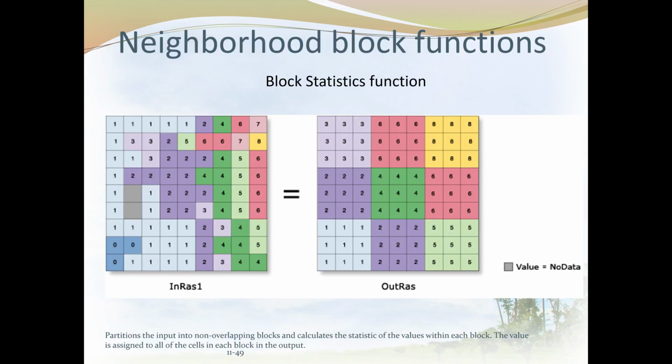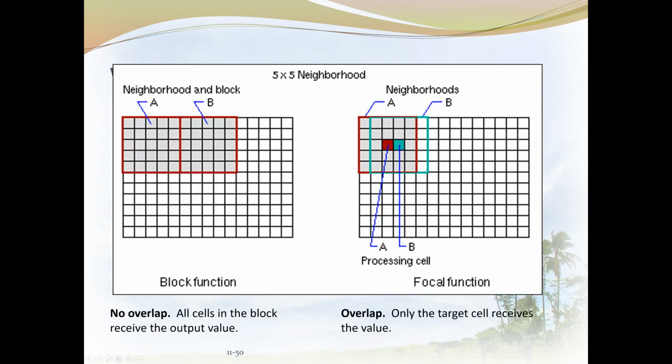A block function can be used to resample a raster from a higher to a lower resolution, as might be needed to adapt a higher resolution land cover data set for a coarse climate grid. And we can look here at the block, and then you can see the focal that overlaps. Only the target cell receives the value, with no overlap, while in the block all the cells receive the output value.